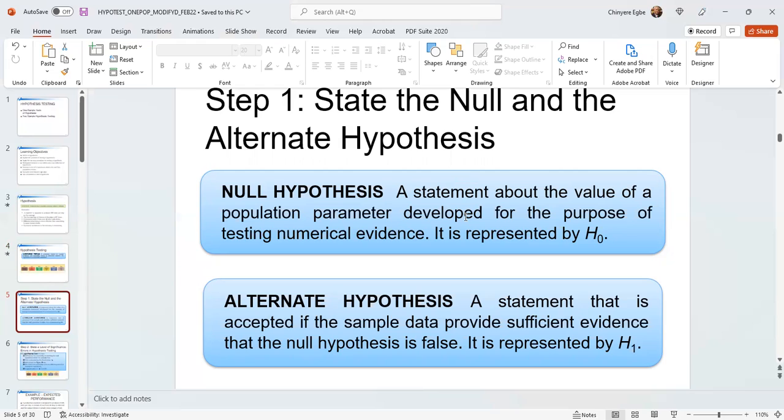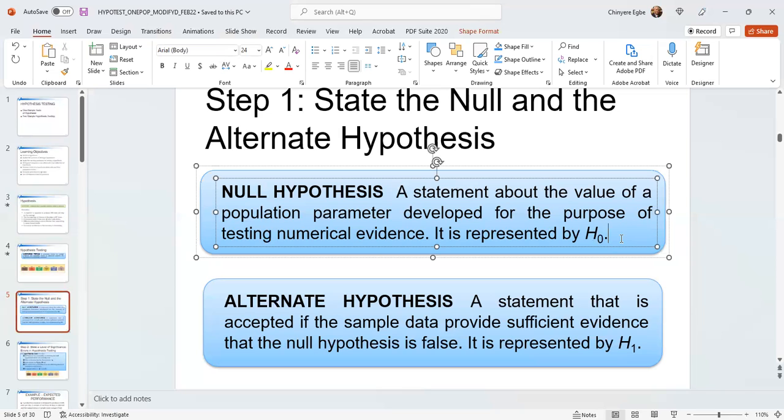And then you state the alternate hypothesis, okay? So the alternate hypothesis would say the average age of houses is not 80. That is an alternate hypothesis. Or you can say the average age of houses is greater than 80, or the alternate could be the average age of houses is less than 80. Okay? So now the null hypothesis must always have the equality sign. Okay?